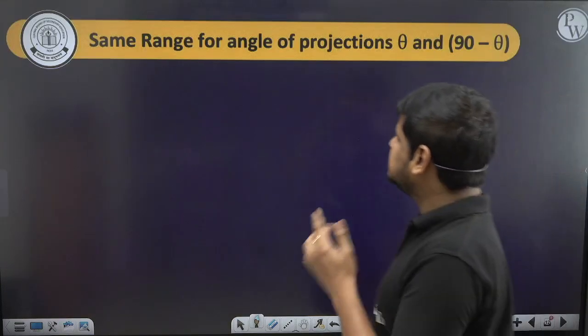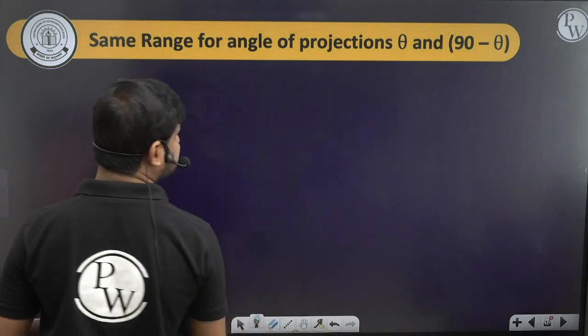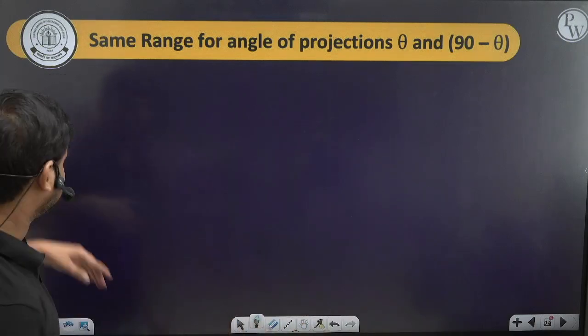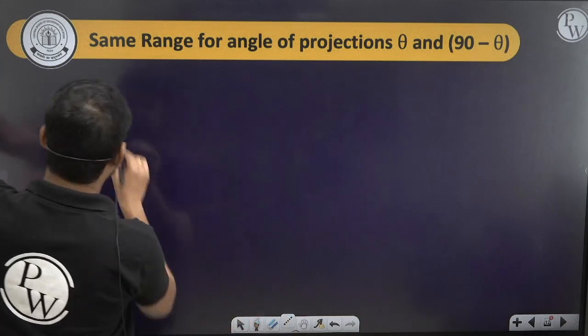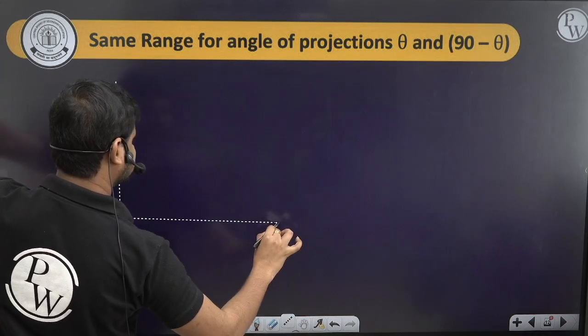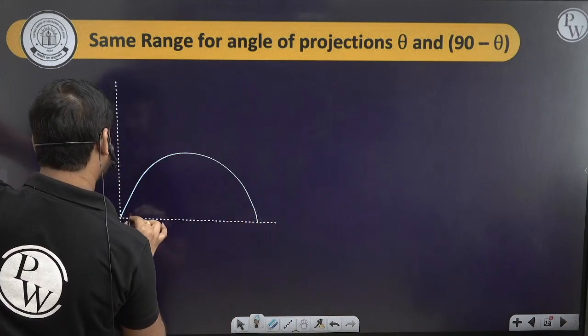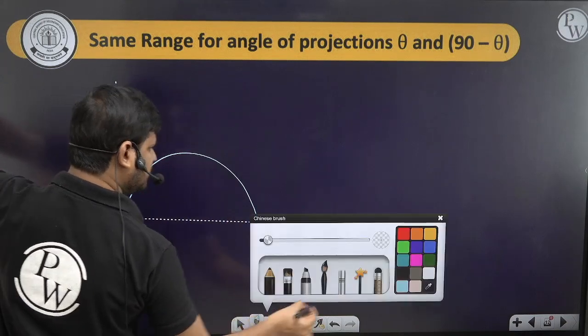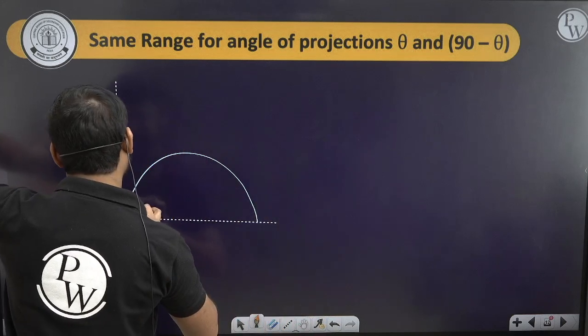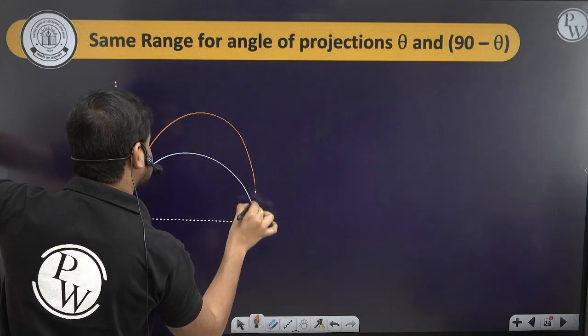The same range is obtained for the angles of projection theta and 90 minus theta. Let me show you here. Suppose y-axis, x-axis. You project a body with some angle theta, and then you project another body with angle 90 minus theta.